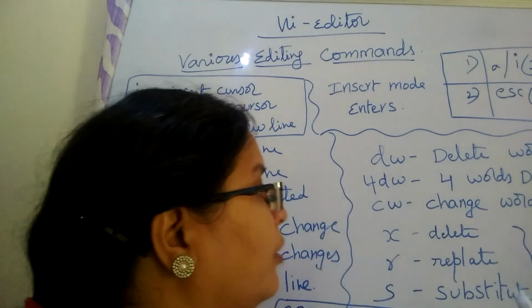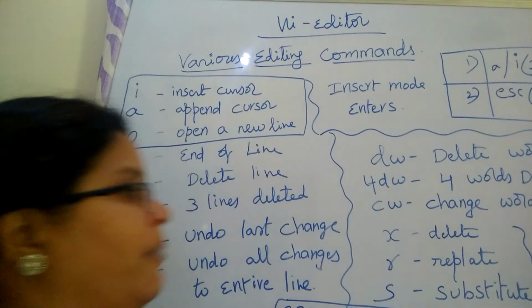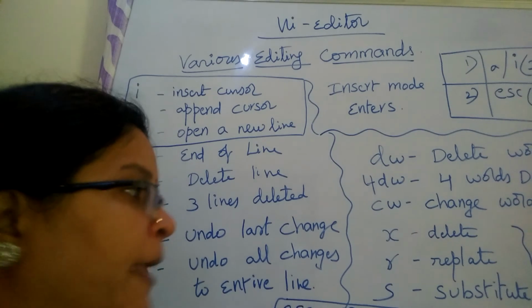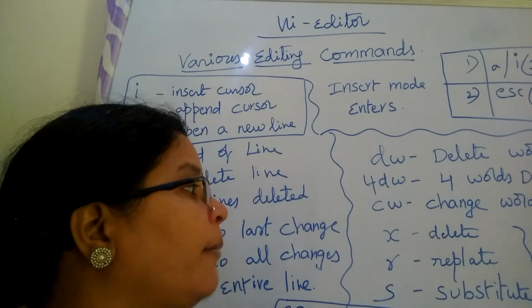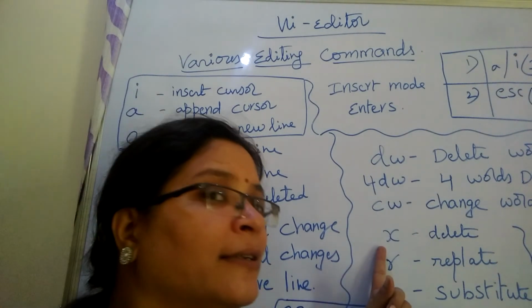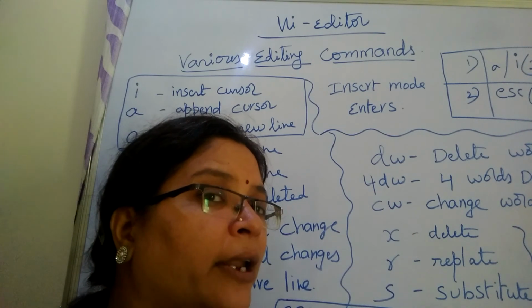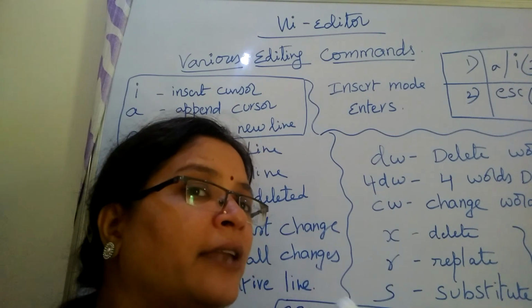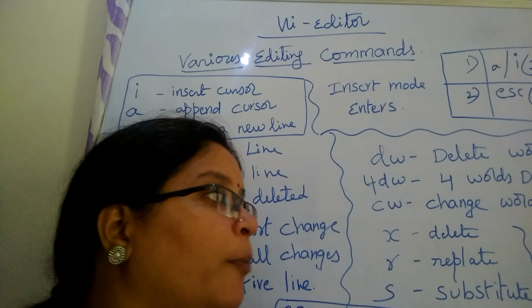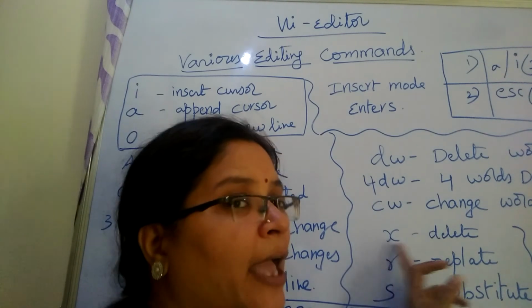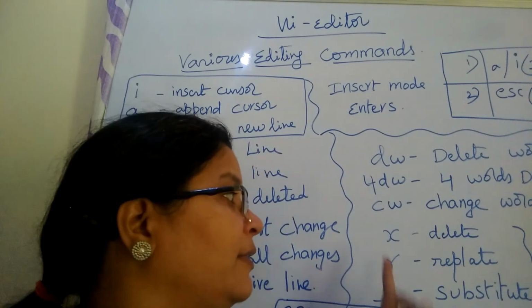Now we are talking about the character oriented commands in the command mode. First, you press simply x at the cursor. If you want to delete one particular character, place the cursor just at that character, and in the command mode simply press x, and the character will be deleted. That is one single character.